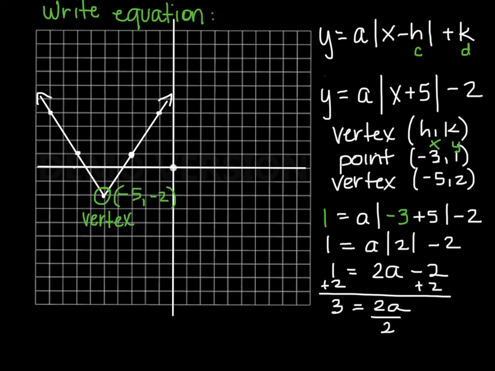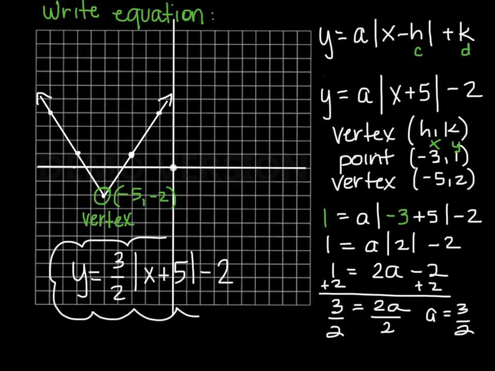I'm going to divide by 2, so I get a equals 3 over 2. I now am going to complete my equation, so 3 over 2, I'm going to plug into here. y equals 3 over 2, absolute value of x plus 5, minus 2. And this is the answer to the equation.